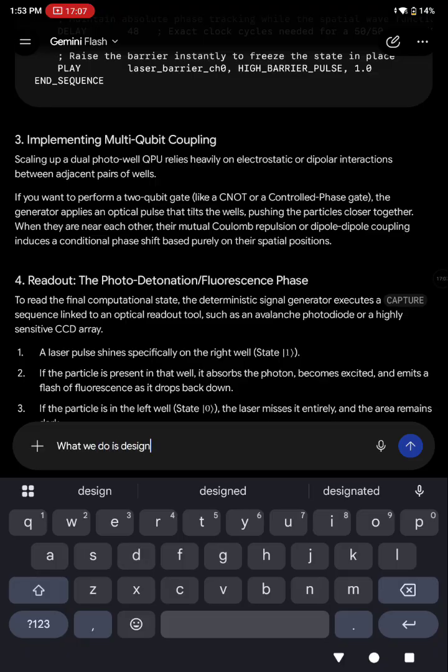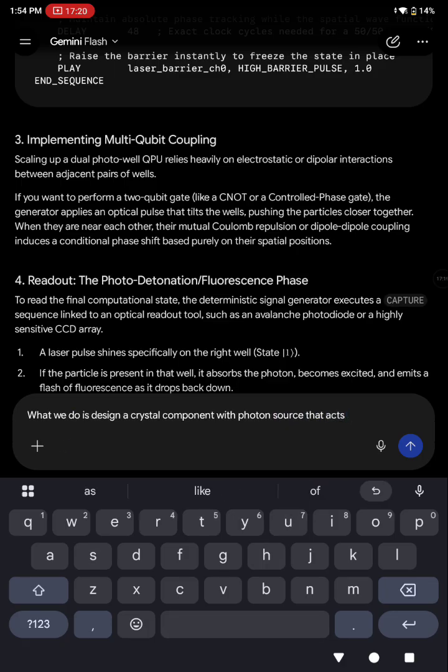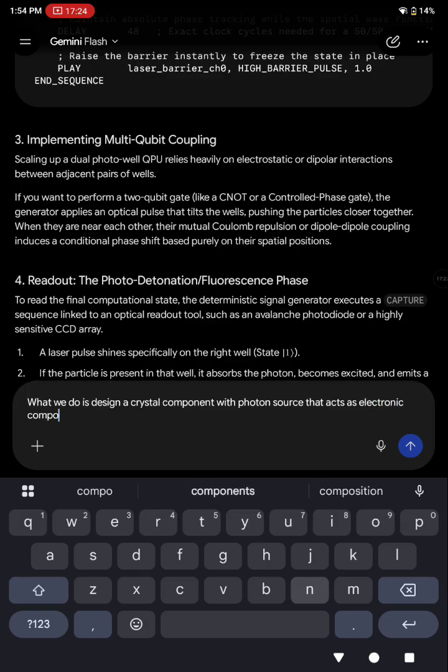is design a crystal component with a photon source that acts as an electronic component, a dual quantum well.